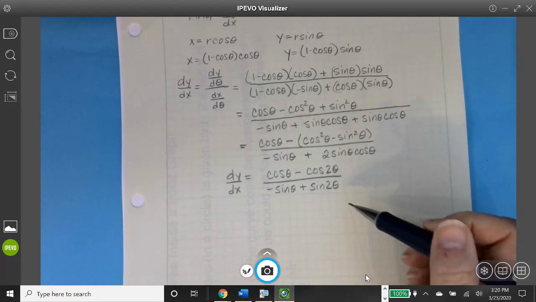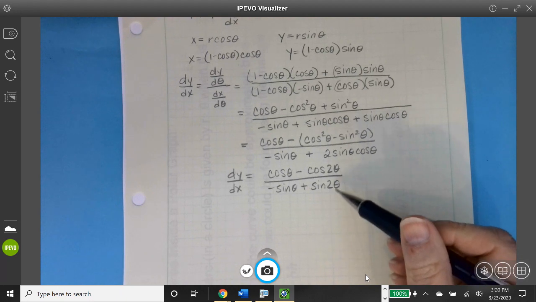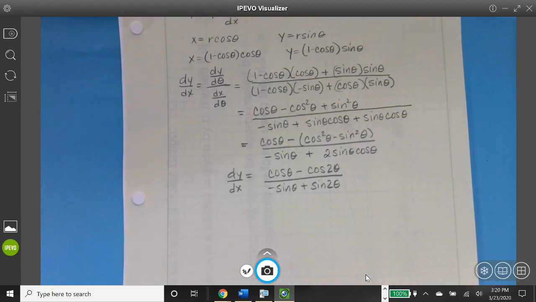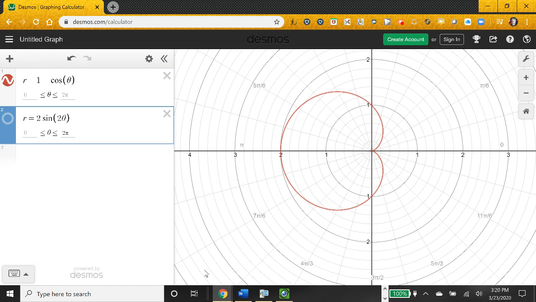And if ever I wanted the slope at some angle, I could figure out what the slope is at an angle. Okay, and now I have taken the liberty of graphing r equals 1 minus cosine theta, as you can see here. And you see this is a cardioid, and this is a curve.